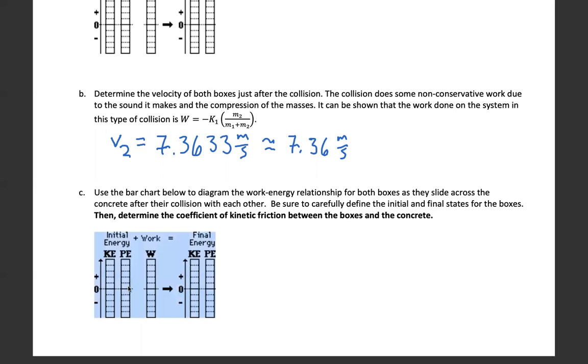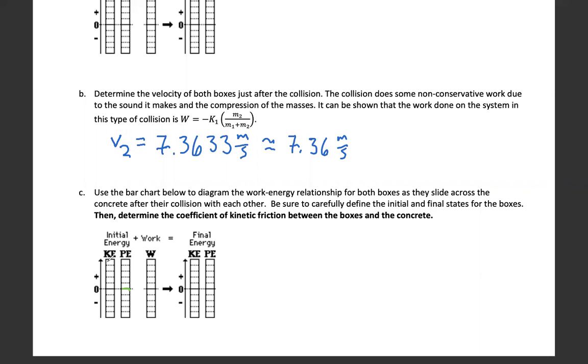After the collision, it's going to have zero potential energy, and it does have some kinetic energy, which went down from where it was.